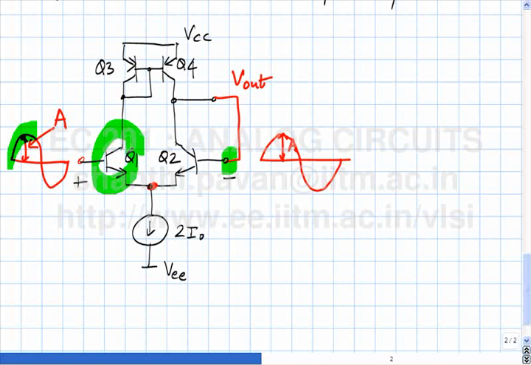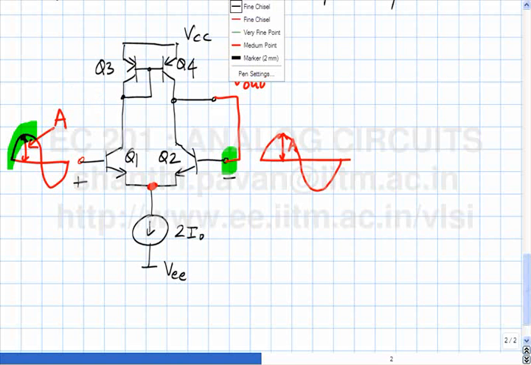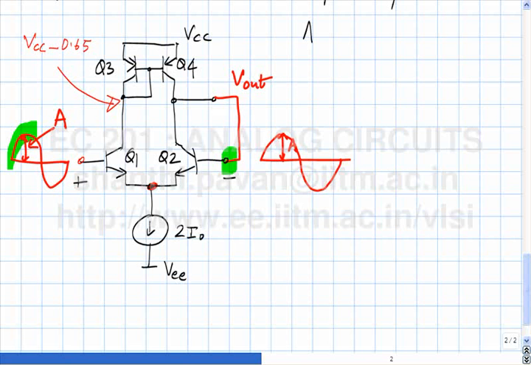What is happening to Q1? What is the quiescent potential at this node? VCC minus 0.65 volts. As the input increases, what do you think happens to Q1?